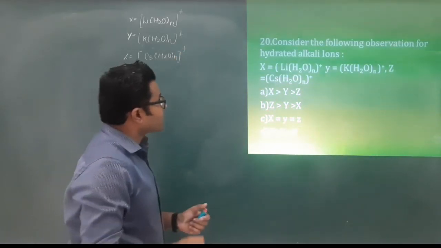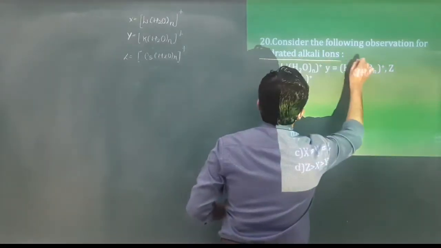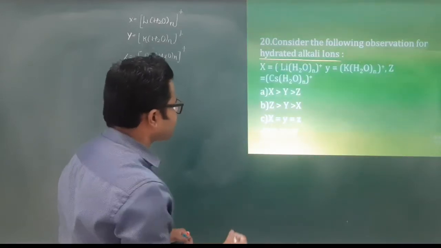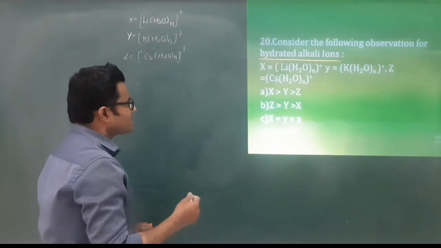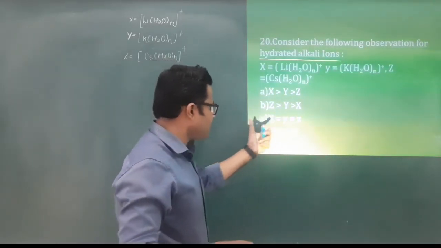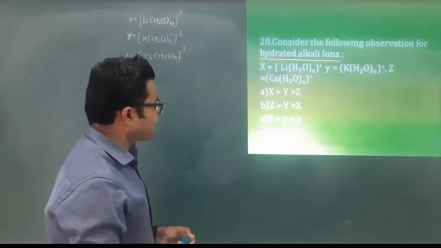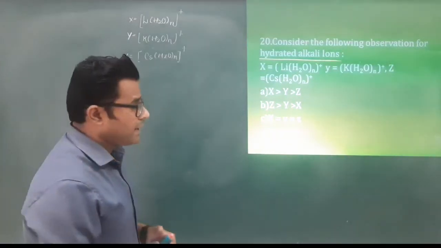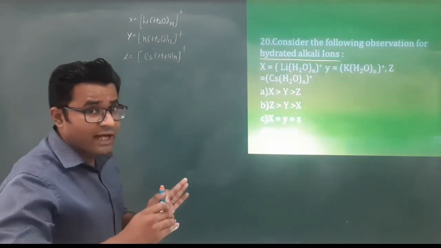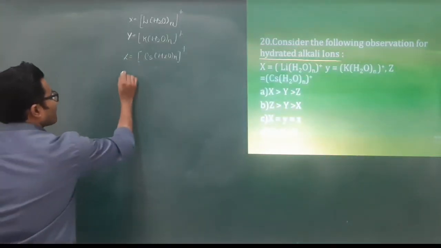Now they are asking about these particular hydrated alkali ions: what will be our observation? That is, X is greater than Y is greater than Z, or Z is greater than Y is greater than X, or all three of them are the same, or Z is greater than X is greater than Y. Now here, how to understand these particular questions? It all goes with the hydration energy, the enthalpy of hydration.